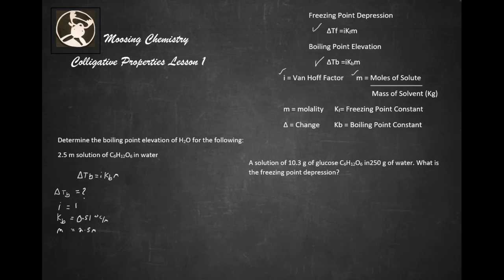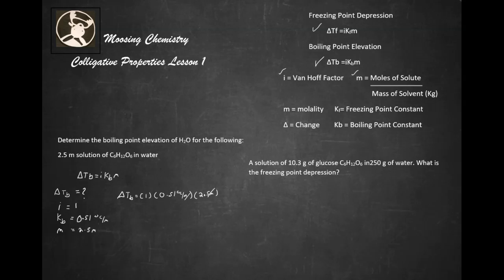And our molal value was 2.5 m. So now all we have to do is isolate for delta TB, which we've already got in this equation. So delta TB equals the Van't Hoff factor of 1 times our Kb, which is 0.51 degrees C over m, times our molal, which is 2.5 m.